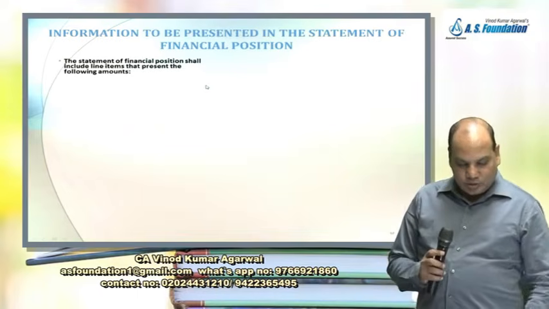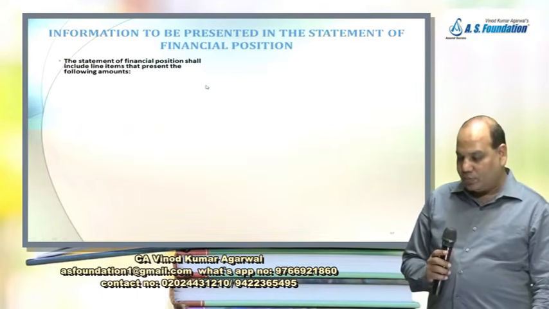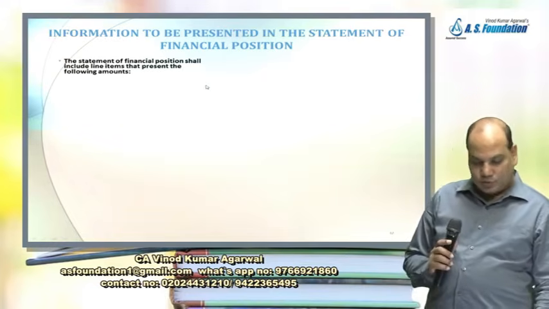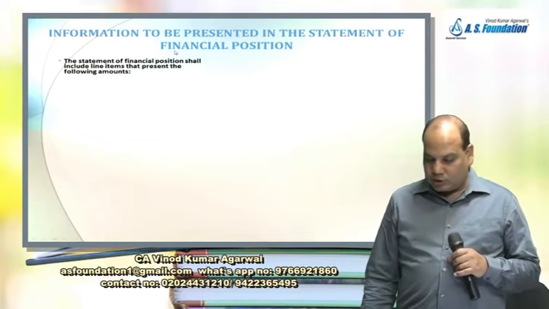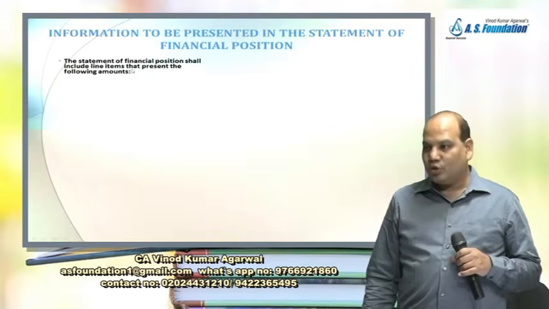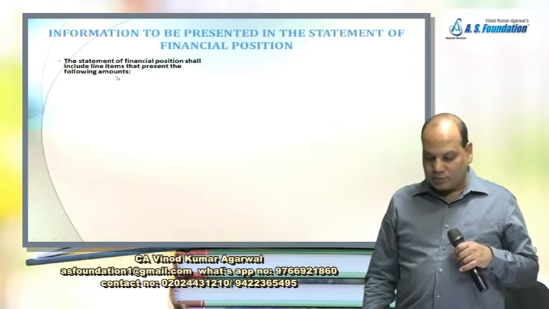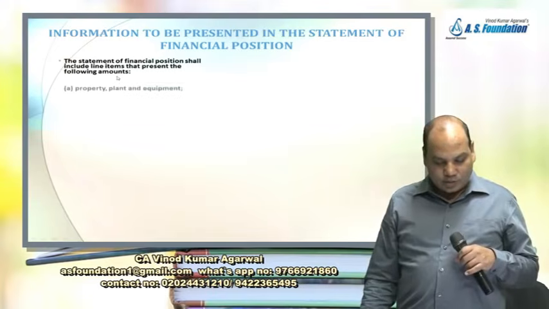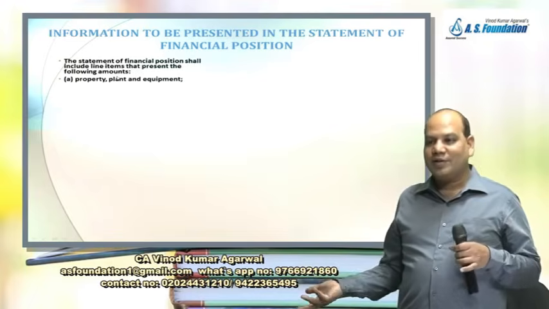Now your Ind AS 1 says the following items should be presented in the statement of financial position. The statement of financial position shall include, inclusive definition meaning more than that is also welcome, the following items. We'll just quickly read them because this is what your IFRS is.